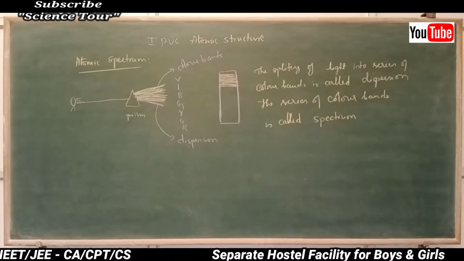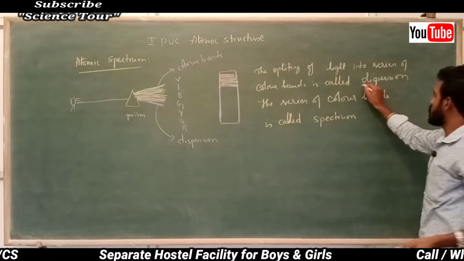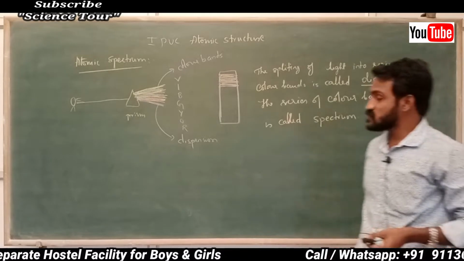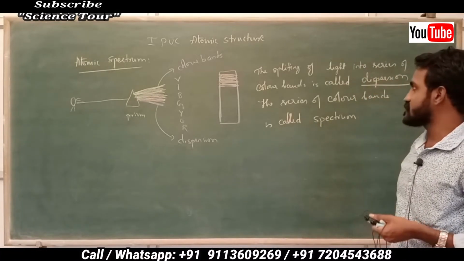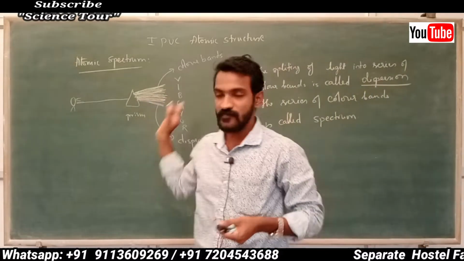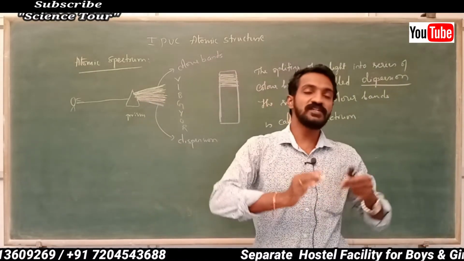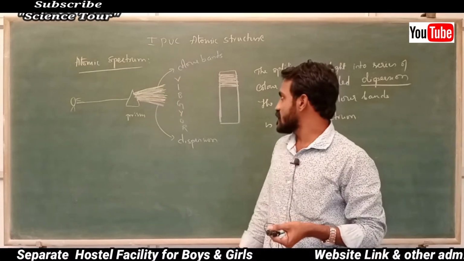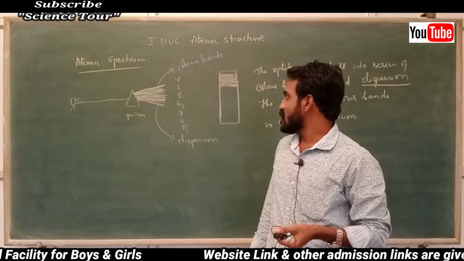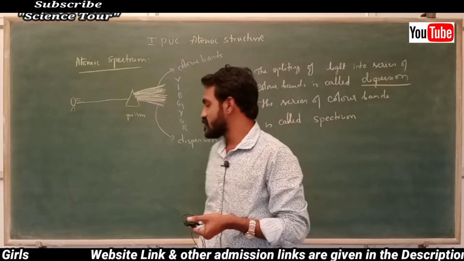Okay, my dear students, what is dispersion? Dispersion is nothing but the splitting of light into a series of color bands. Like when white light passes through a prism, it splits into 7 different colors: violet, indigo, blue, green, yellow, orange and red.